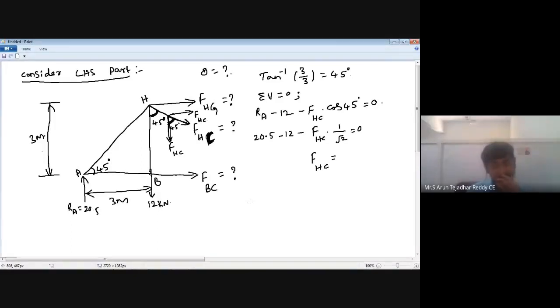Open your calculator, enter the values, then you will get FHC, that is 12.02 kilonewton. Next, take sigma horizontal forces equal to 0.